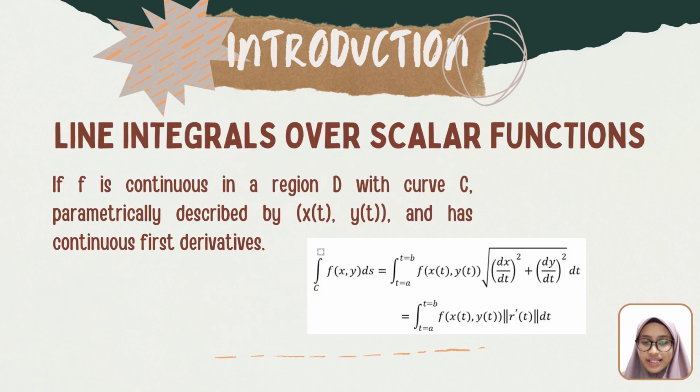Okay, the next one is line integrals over scalar functions. If f is continuous in a region D with curve C, parametrically described by x(t), y(t), and has continuous first derivatives, this is the formula for scalar functions.